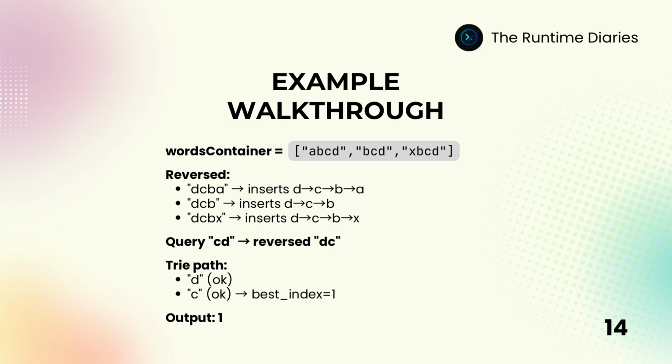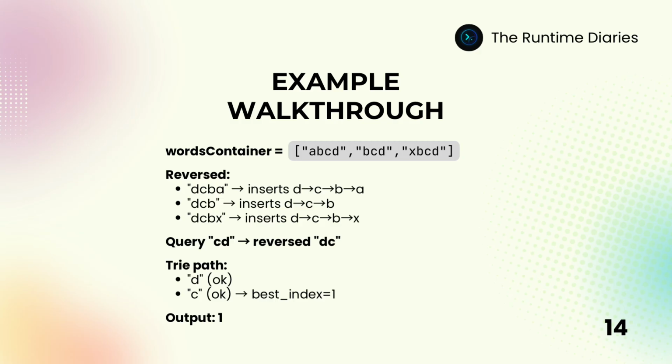We insert these into the trie. DCBA creates a path D to C to B to A from top to bottom. DCB reuses D, C, B and stops there. DCBX reuses D to C to B and adds X at the bottom.